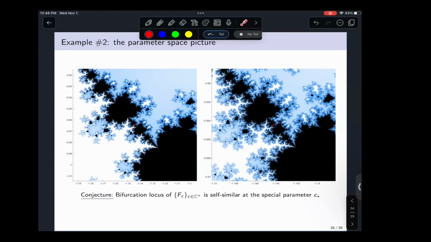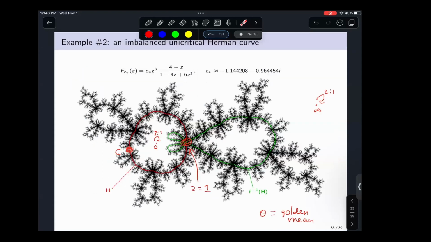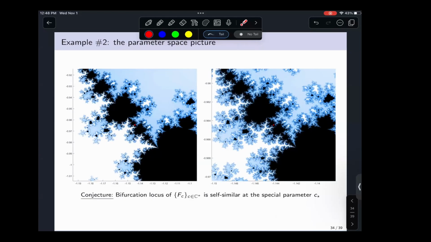Okay, so if I look at the parameter space of these degree 4 rational maps, and I want to zoom in near the parameter C star that I had earlier, and the parameter C star lies here. What I do is zoom in a bit, and I blow it up, and this is the picture that I have. And you can notice that it is kind of similar.